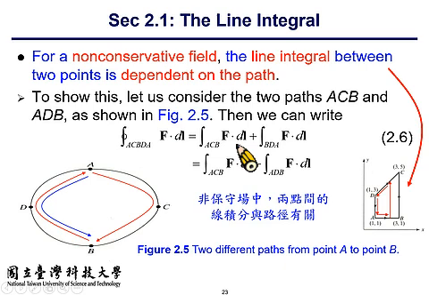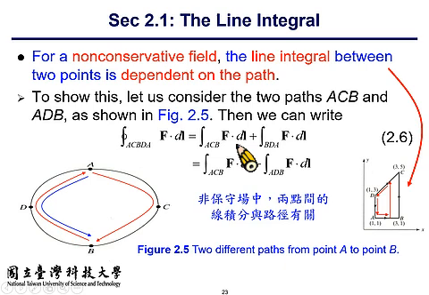And if you go from B, D, A, you get a negative 2. So if you go a loop around this path, the total sum on this path is 0. Then it means that the line integral of ACB must equal ADB.